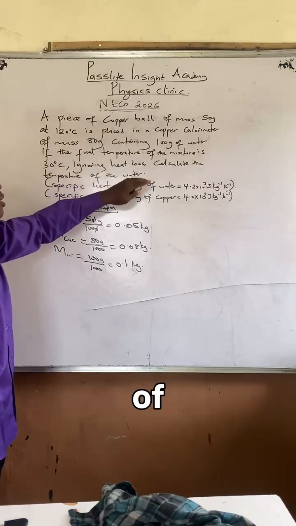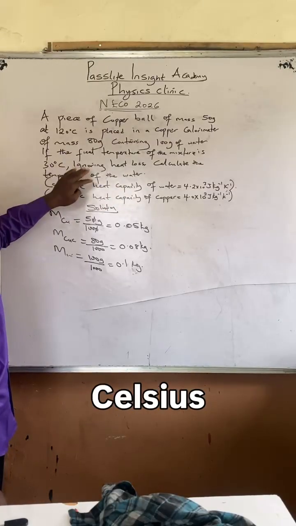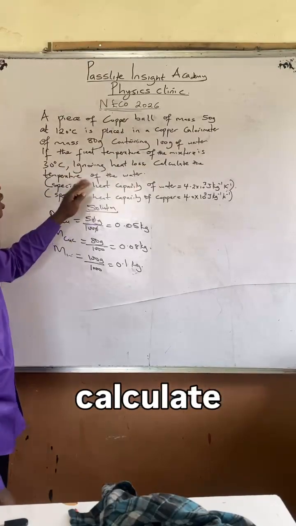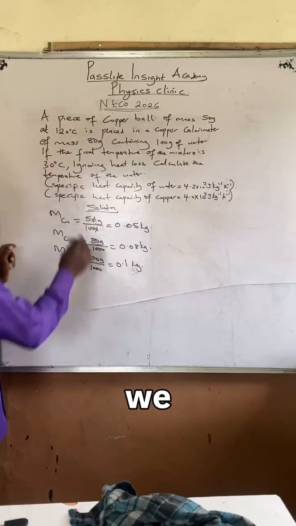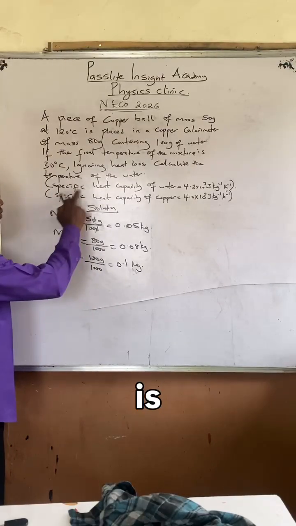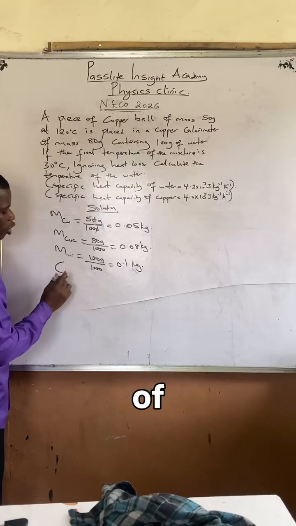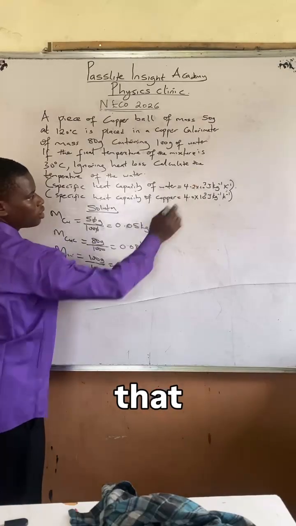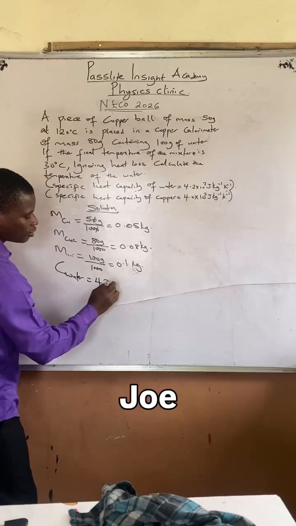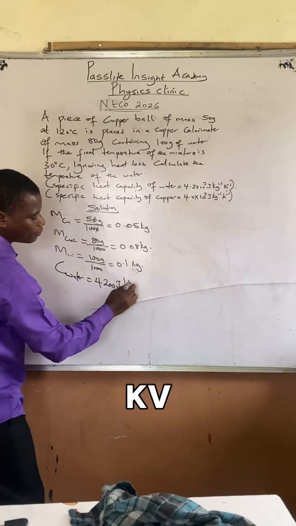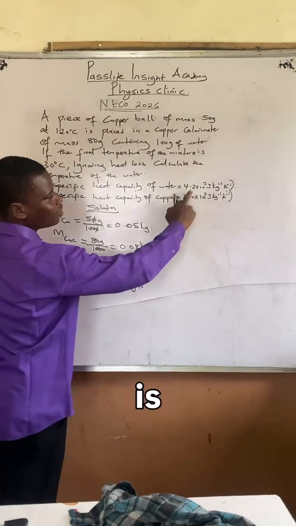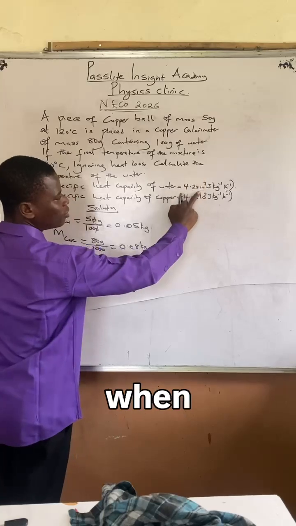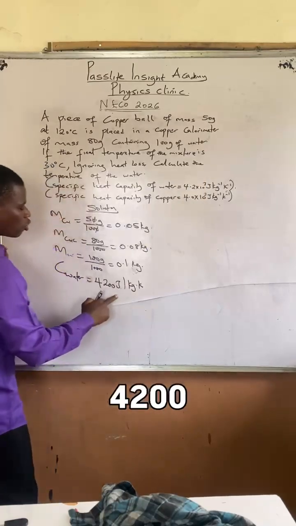If the final temperature of the mixture is 30 degrees Celsius, ignoring heat loss, calculate the temperature of the water. We're having C, the specific heat capacity of water, is 4,200 joule per kilogram per Kelvin, that is 4.2 times 10 to the power 3. When you multiply it, you have 4,200.